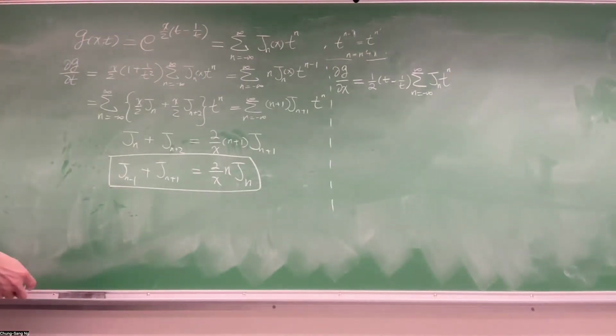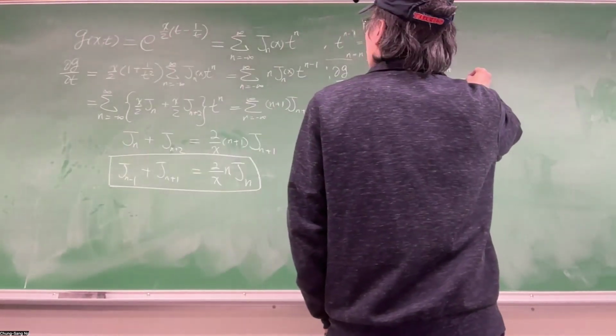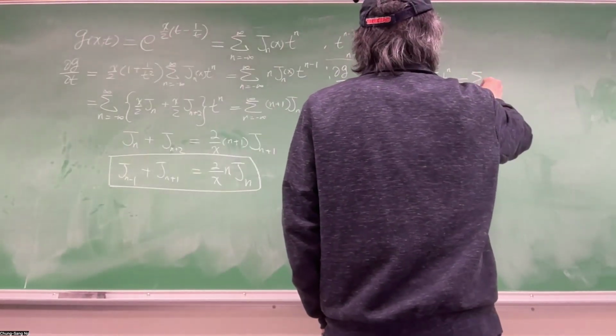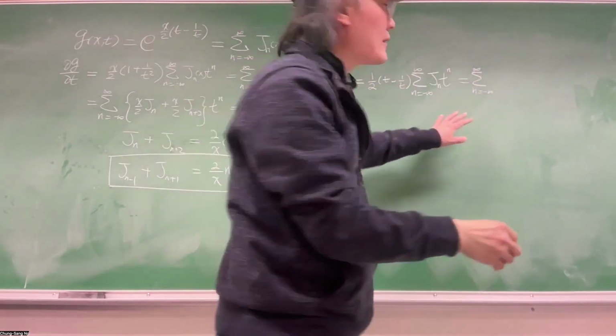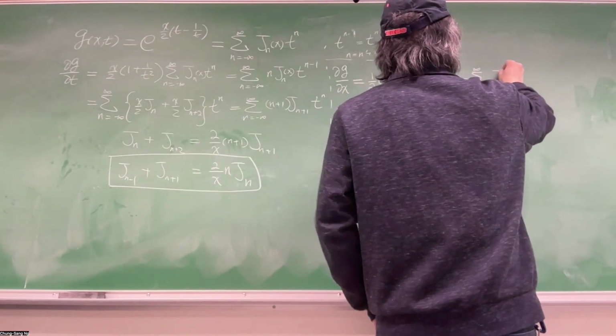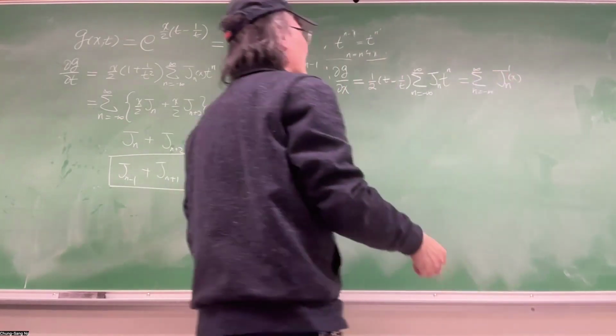Right. So that's the derivative of the left-hand side, and then the right-hand side is also straightforward. It becomes J n prime, because J n depends on x.